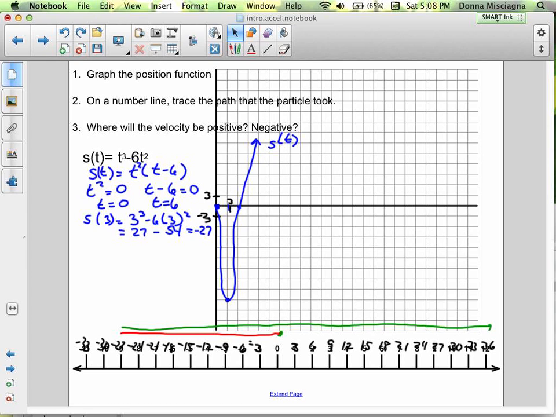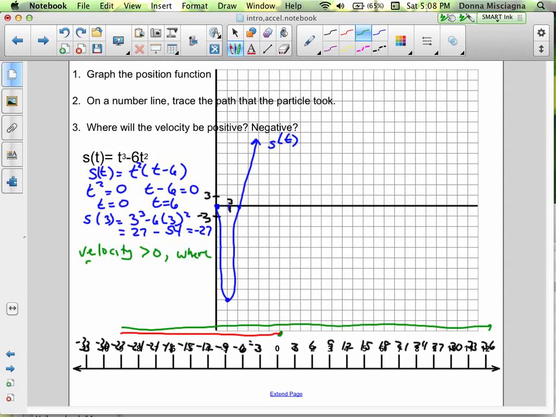Right? So velocity is going to be positive, so velocity is greater than 0 where s of t is moving in a positive direction.